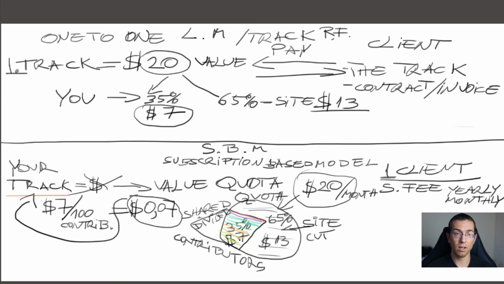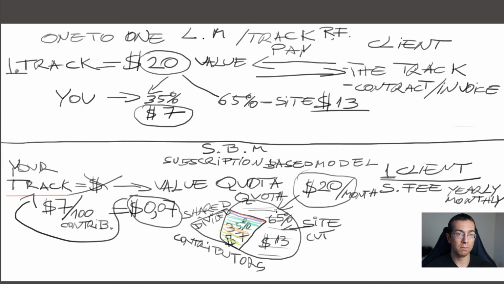which is $7, which is then shared and divided among the contributors, those contributors from whom this client took tracks and used them over a one-month period.